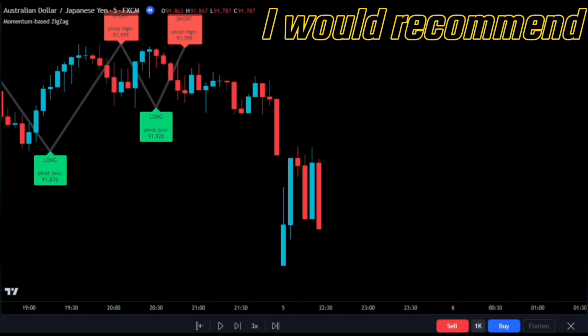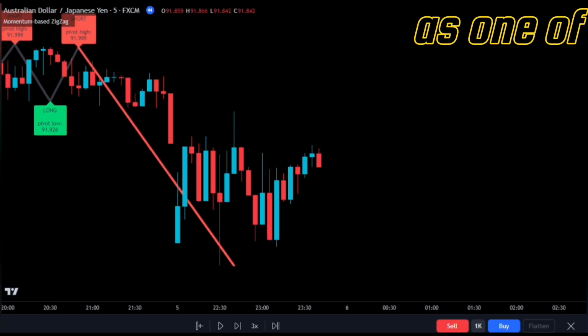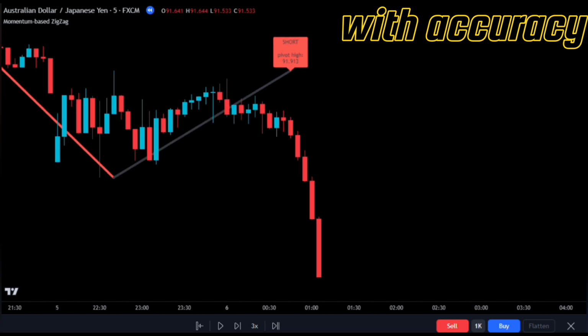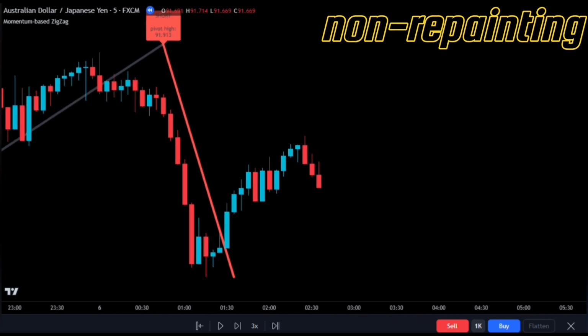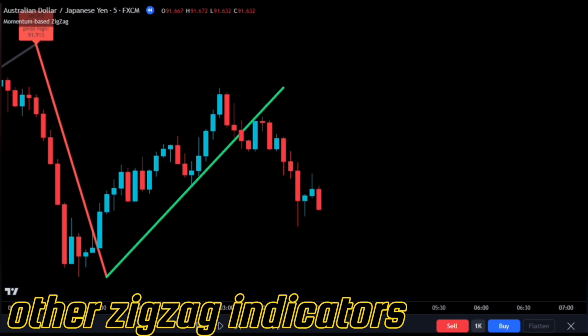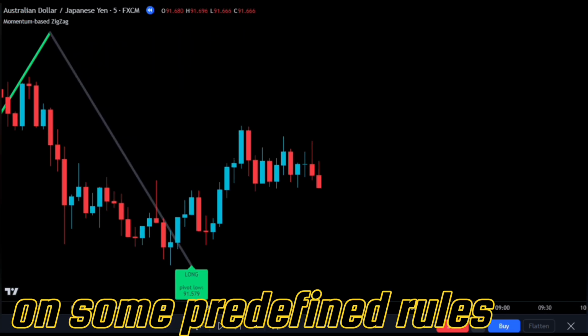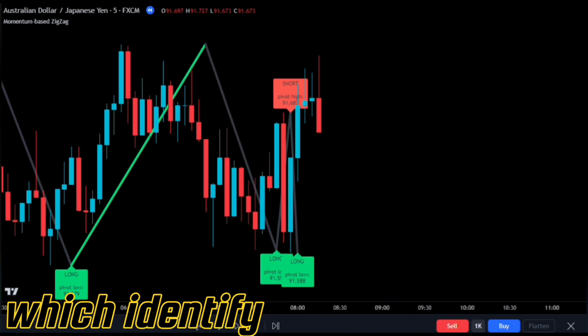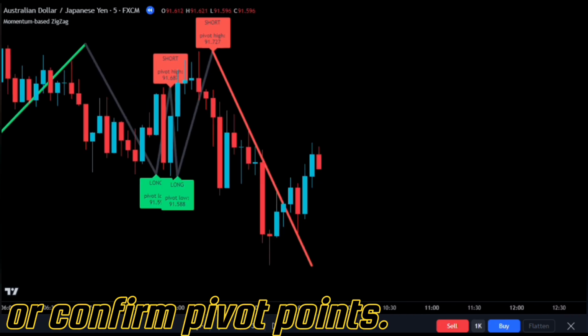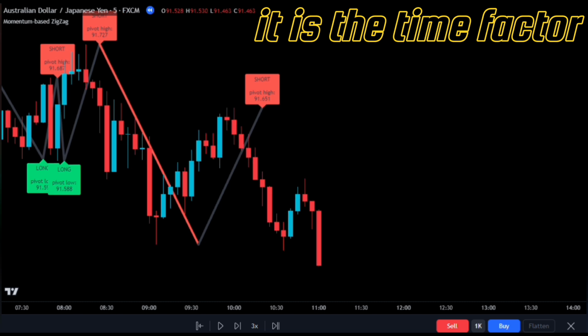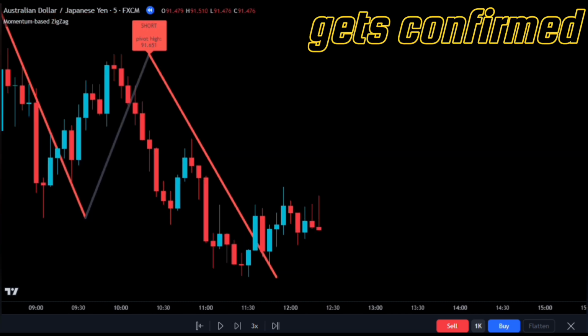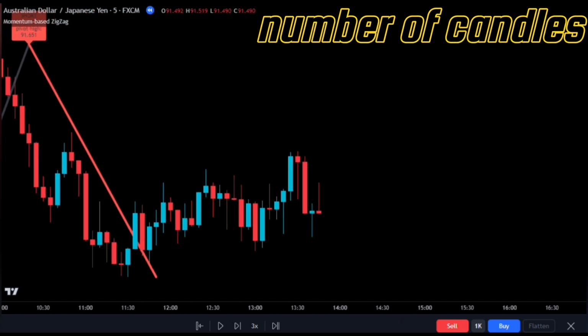First of all, I would recommend this indicator as one of the best zigzag hunters with accuracy and absolutely non-repainting, unlike a bunch of other zigzag indicators on TradingView that are always betting on some predefined rules which identify or confirm pivot points. Usually, it is the time factor, as the pivot point gets confirmed after a particular number of candles.